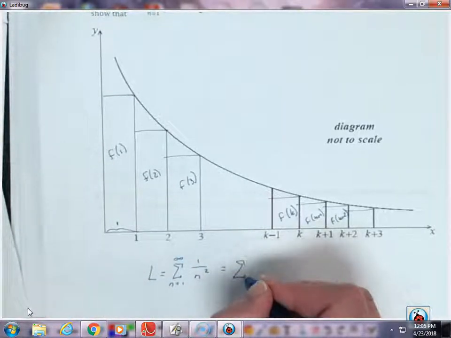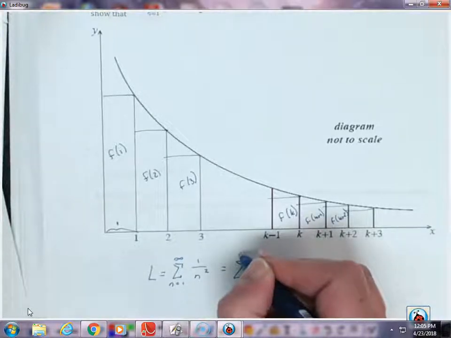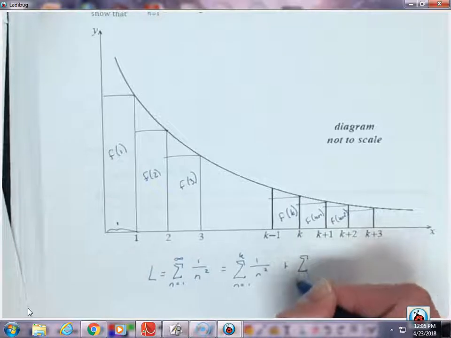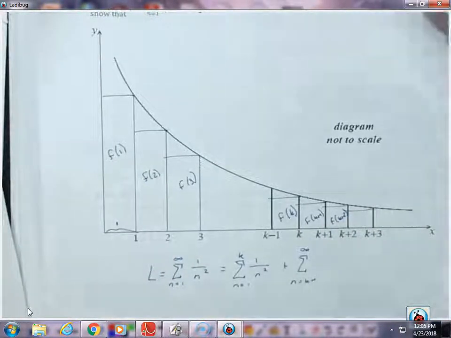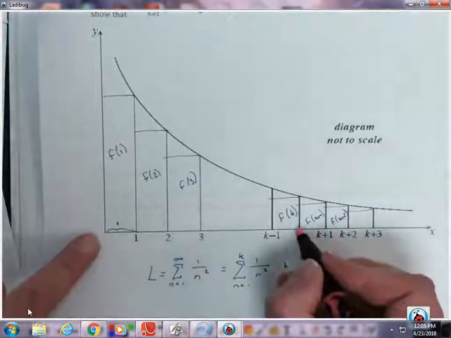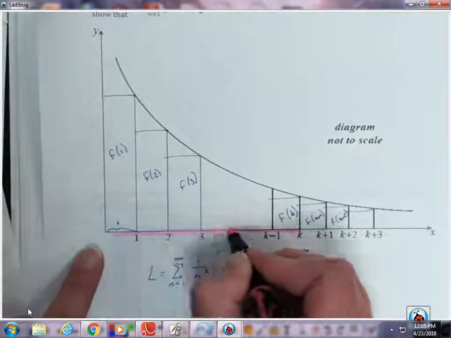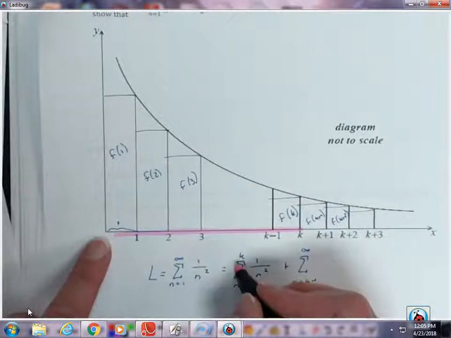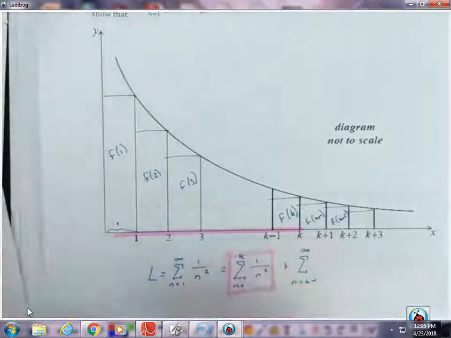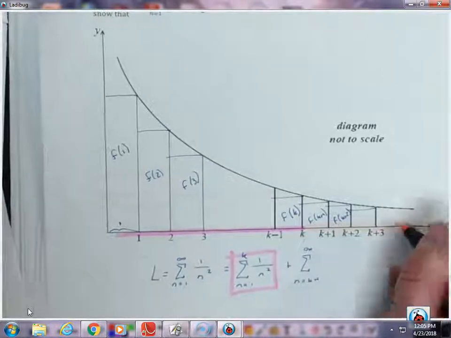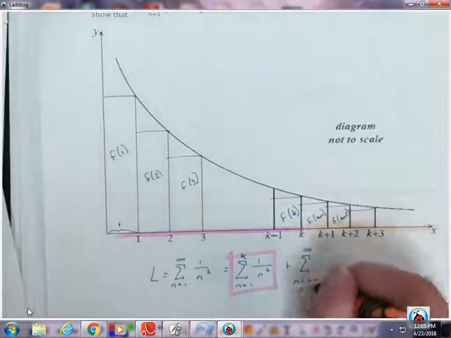I'm going to divide that up into the sum from 1 to k, and then from k plus 1 to infinity. So again, all of those rectangles from here to here are represented by this, and then k plus 1 on are represented by these.